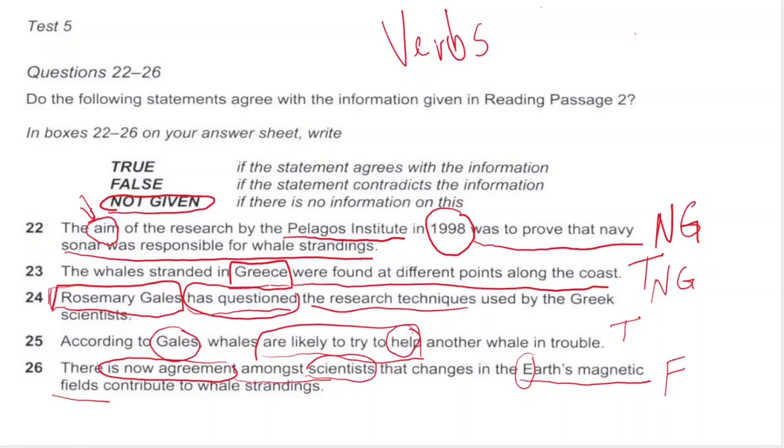And I'm going to share with you a very important trick that you can use when doing these questions. For the true, false, not given in IELTS, there must be at least one of each. There must be one question that's true, another one that's false, another one that's not given. If you take the exam and you have questions like this, you don't need to read to find the answer for the last question.